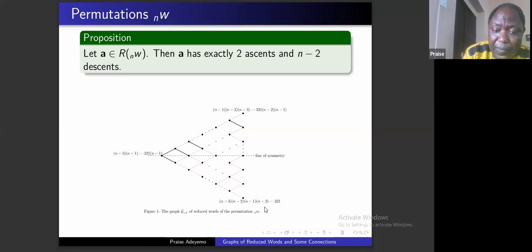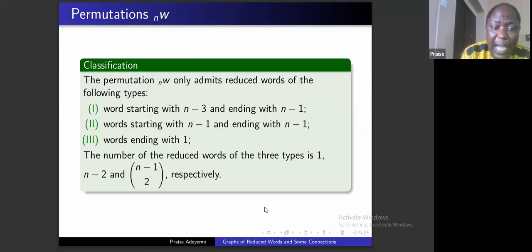Let's continue. Now, we are saying that this permutation admits reduced words of the following types. First, some reduced words will start with n minus 3 but end with n minus 1.